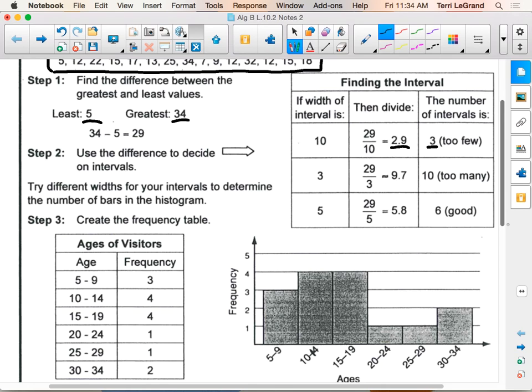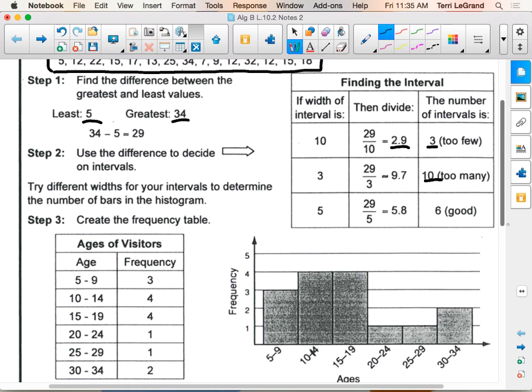And 29 is really close to 30. So we'll take 29 divided by 3. That's approximately 9.7. So our interval would be 3 units of distance. But then we would have 10 intervals. Well, that's a lot.